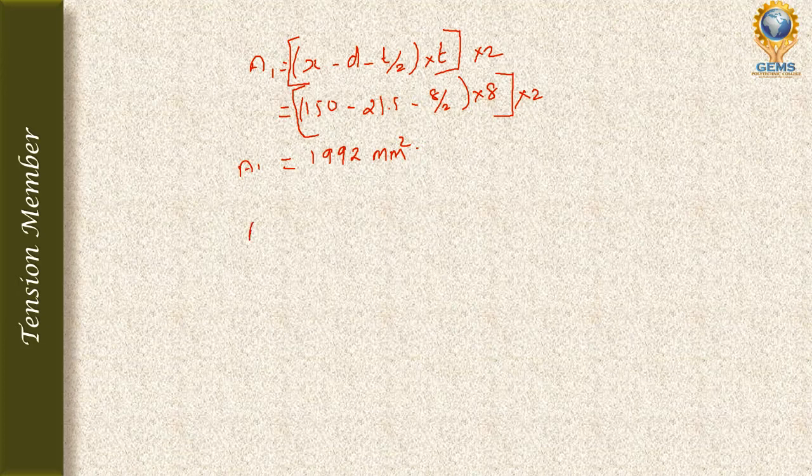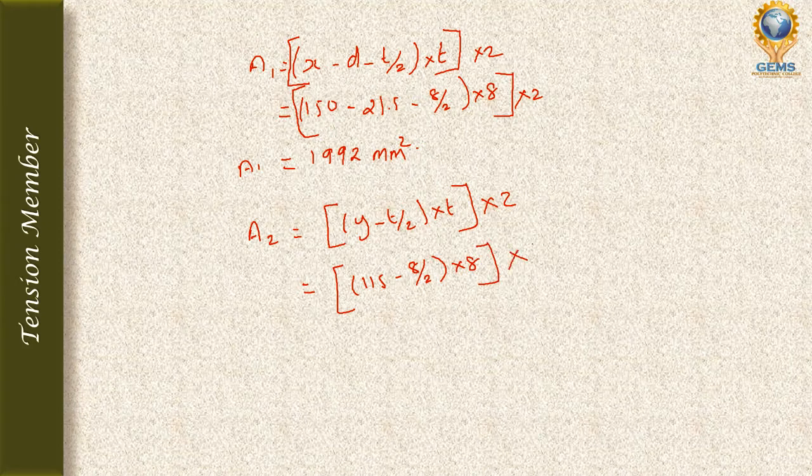What is the A2 then? A2 is equal to (y minus t by 2) into t, whole times 2. So what is the y value? It is the outstanding leg, 115 minus 8 by 2, into 8, into 2 times. So it is coming around 1776. So now we know the A1 and A2.